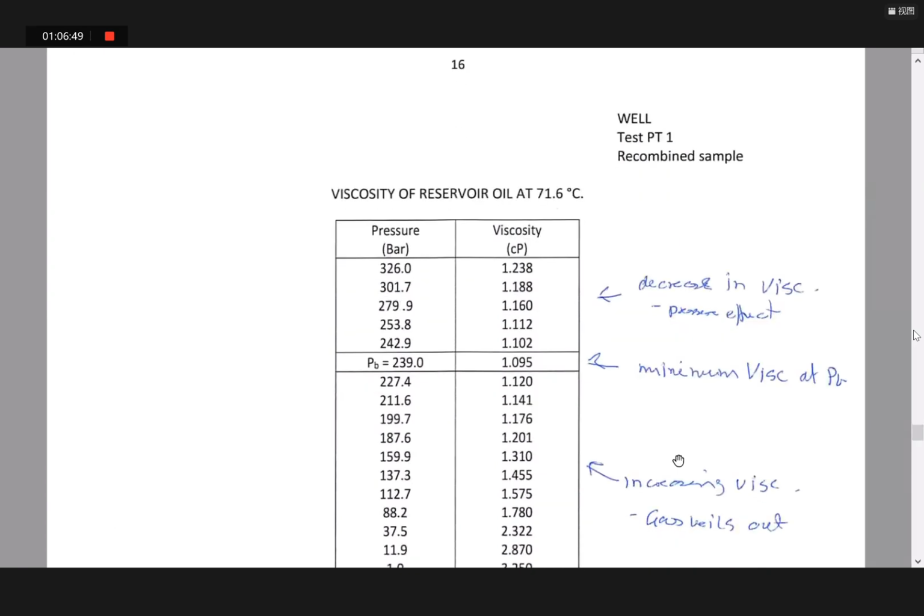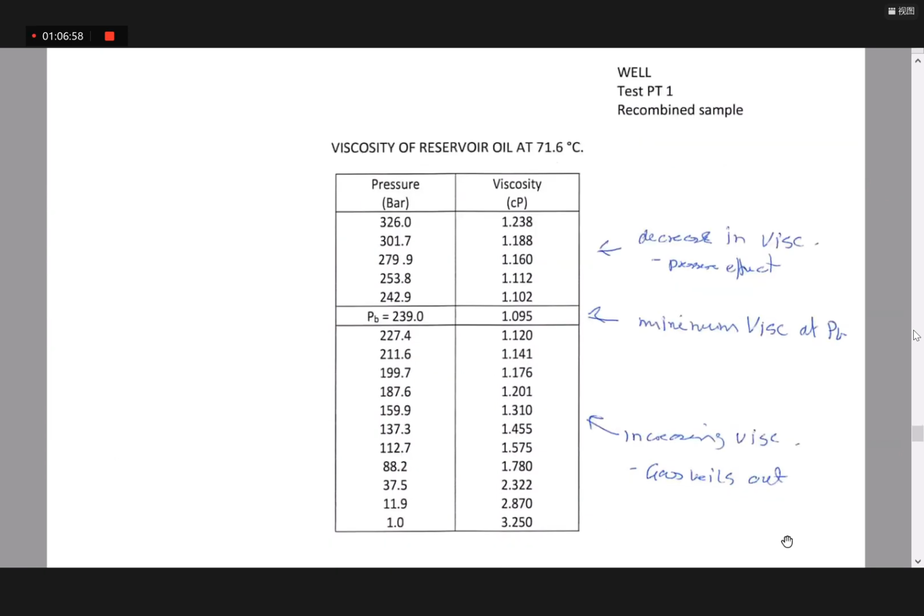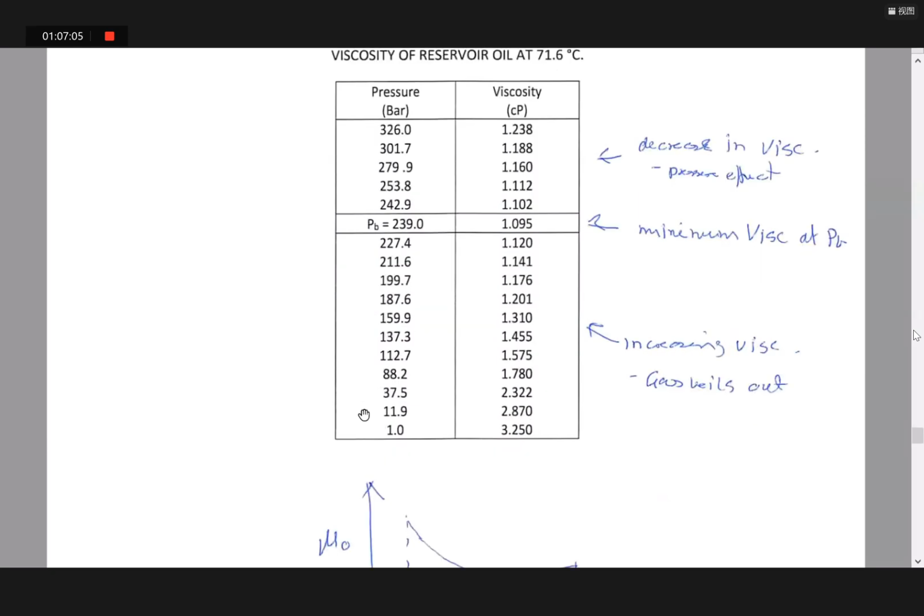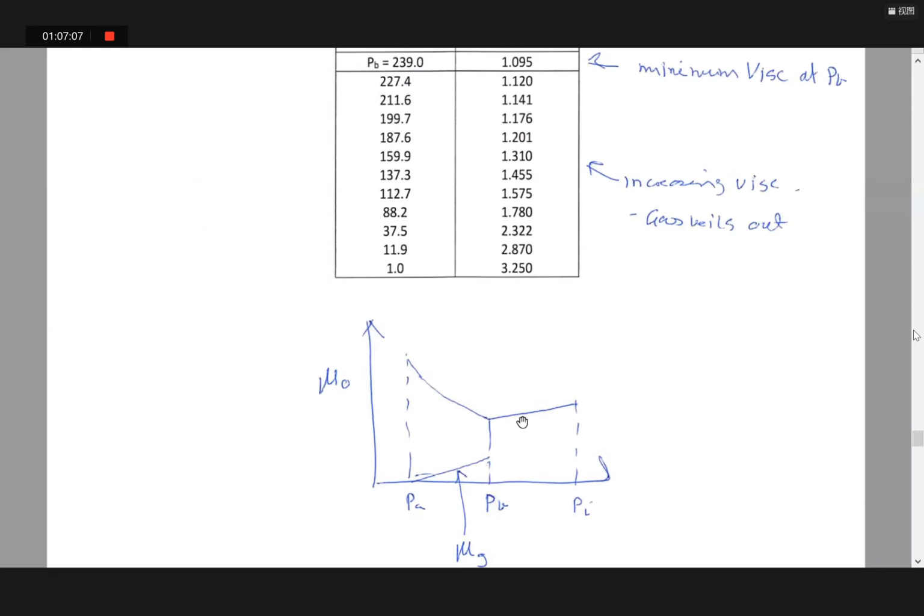And then the viscosity of the two-phase liquid is increasing as we boil out more of the gas. So that's the general trend of viscosity of oil. Small change and a reduction in the viscosity of the oil as we go from initial pressure to the bubble point pressure, and then we have an increase in the viscosity in the two-phase region.